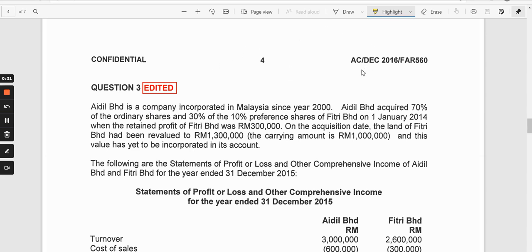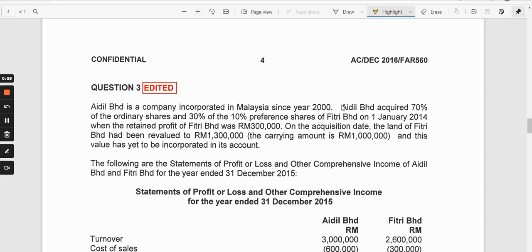As I mentioned in my previous video, there are three possibilities for when the company will be acquired in terms of its date of acquisition. For this question, I'm illustrating that situation using question FAR320, December 2016.